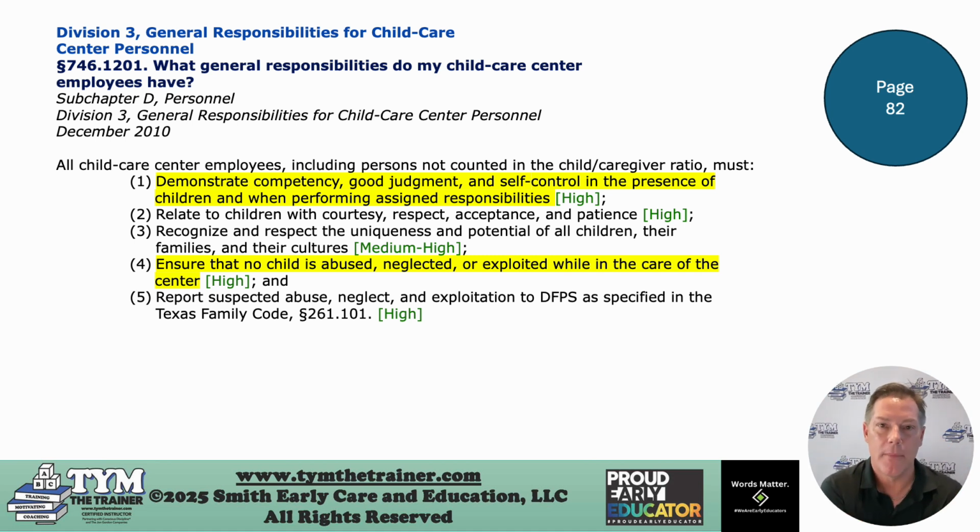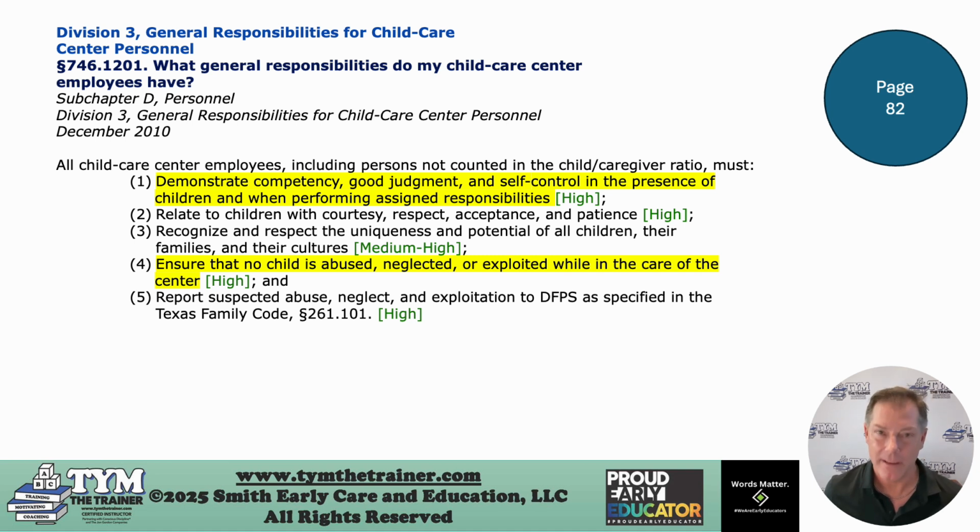Number 2 is going to talk about relating to children with courtesy, respect, acceptance, and patience, and understanding that the courtesy, the respect, the acceptance, and the patience that we give our children, for some of our kids, it's the only time they get it, is when they're in our classroom. And even the adults that we work with, treating each other with courtesy, respect, acceptance, and patience is so critical.